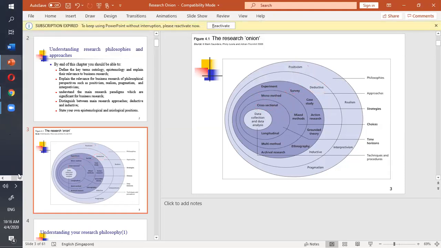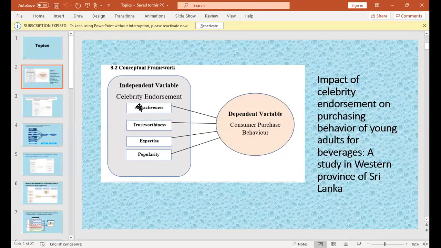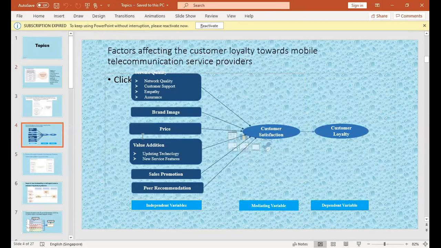Right. I will now give you one example again. Something like this.